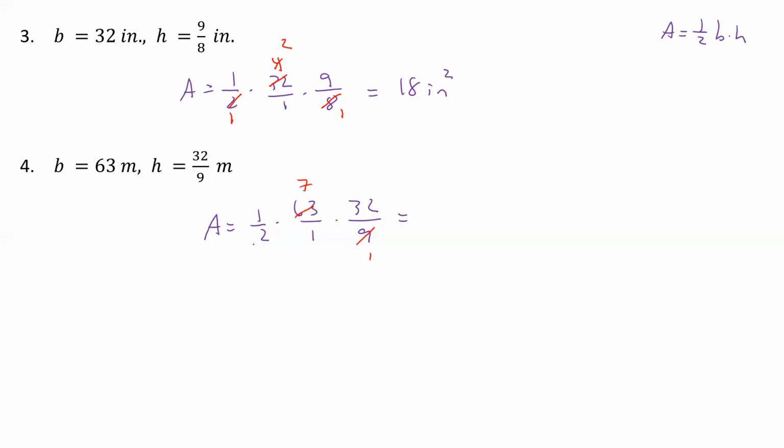And now 2 will go in here once, and that will give us 16. Now we have to take 16 times 7, so that's 42, carry 4, that's going to be 11, and so that gives us 112, and we have meters squared this time, okay?